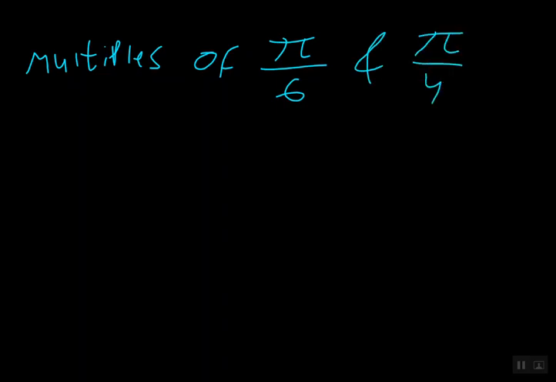Some of these will overlap, like pi over 2, or just pi, those are all multiples. But for all multiples of pi over 6 and pi over 4, you should know the sine and cosine values.